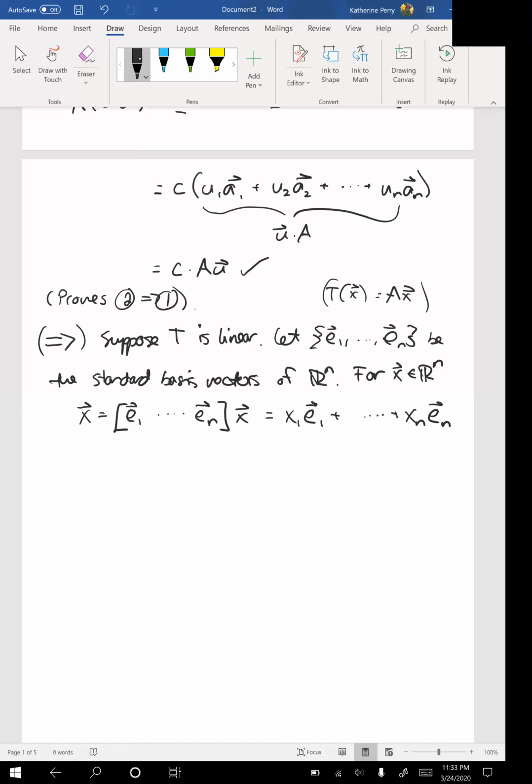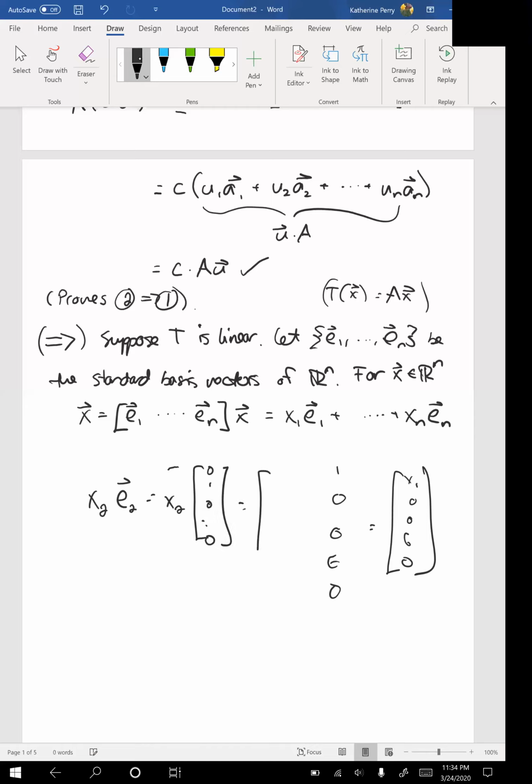And notice here, if I am taking the first entry in my vector x and multiplying it by a vector that looks like 1 with a bunch of zeros, then that's going to be equal to just x1 with a bunch of zeros. Similarly, if I were to take x2 times E2, then that would be equal to x2 times 0, 1, a bunch of zeros.